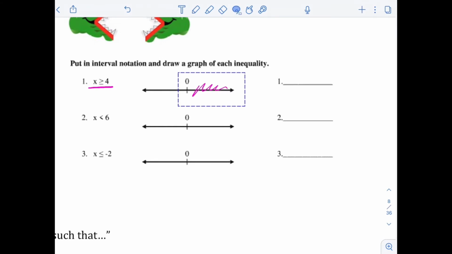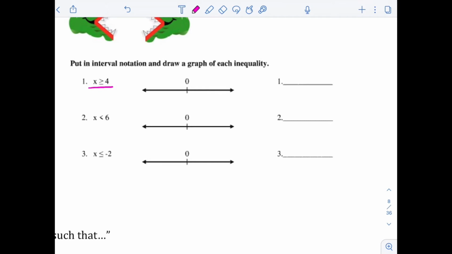According to this inequality, x, the variable, can take all values possible that will be greater than 4. That will be all the numbers that are on the right side of 4.